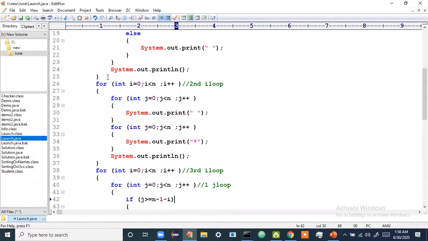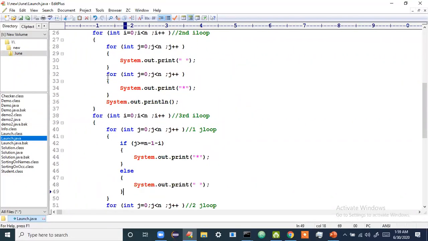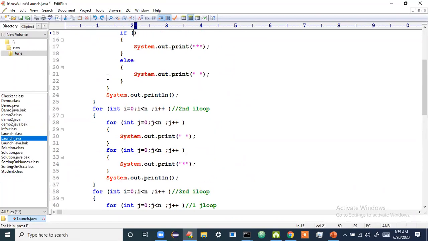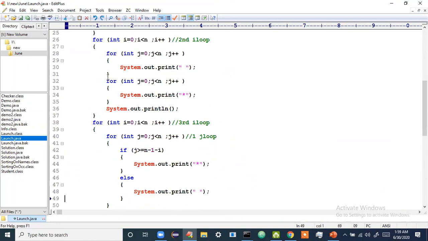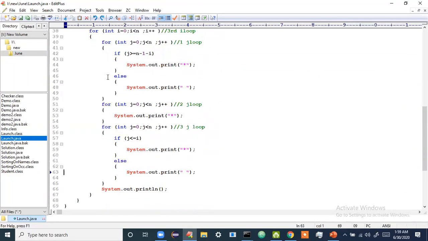Second I loop, take this screenshot, and third I loop together. Yes, you can take it together. Just a minute. Okay, so second I loop, take this screenshot. I hope you have taken a screenshot of the second I loop. Now third I loop. Okay, third I loop is okay. Take a screenshot.